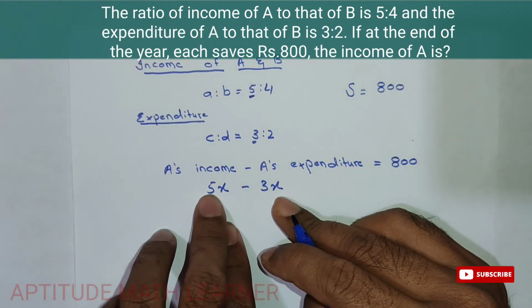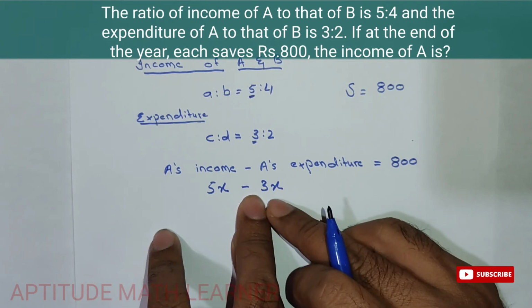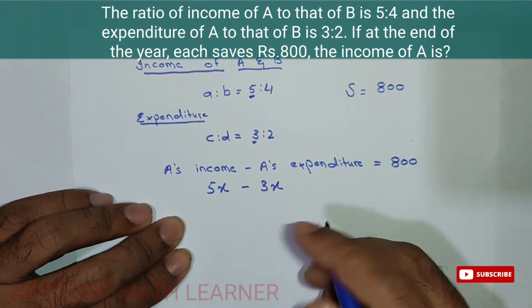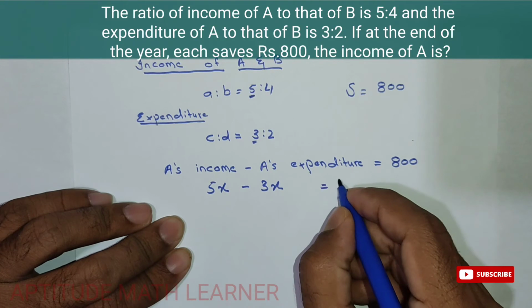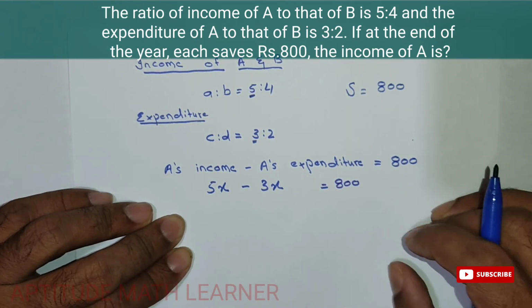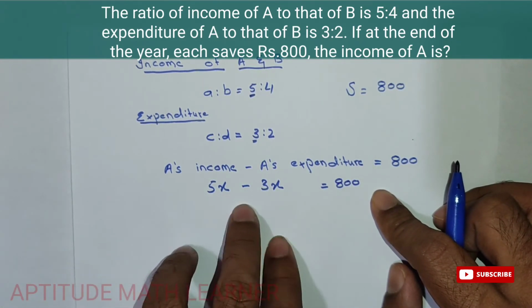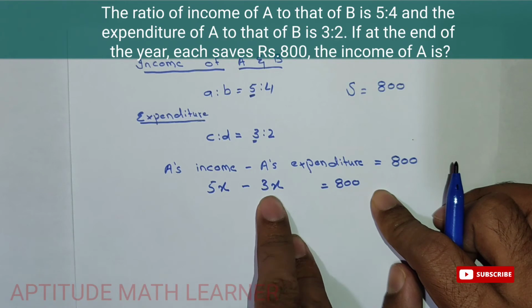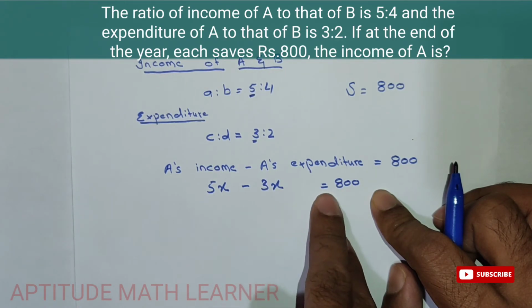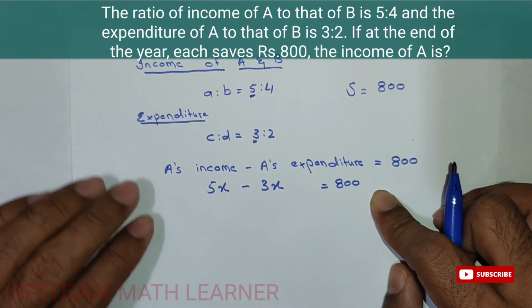It means from the total income of A, we subtract its expenditure, and that becomes equal to 800. To have a clear understanding, from the income, if we subtract its expenditure, we get its savings, and the total it has saved is 800.